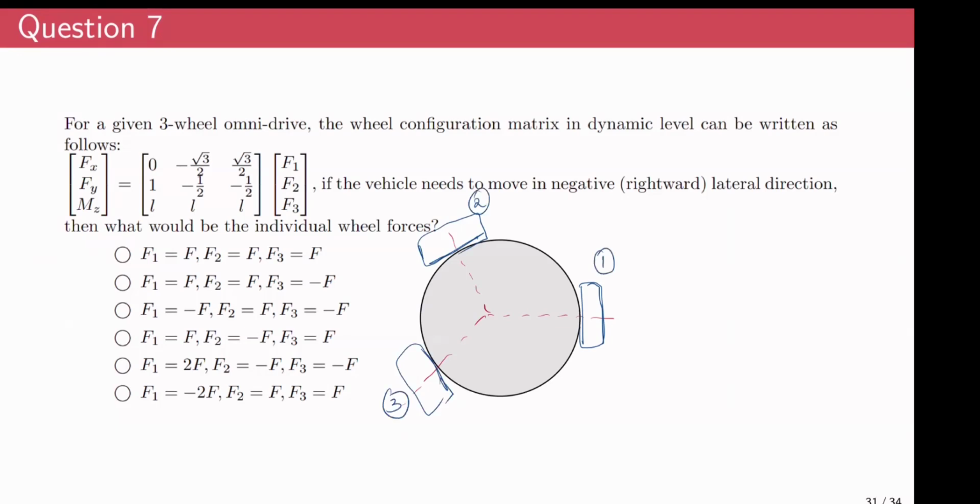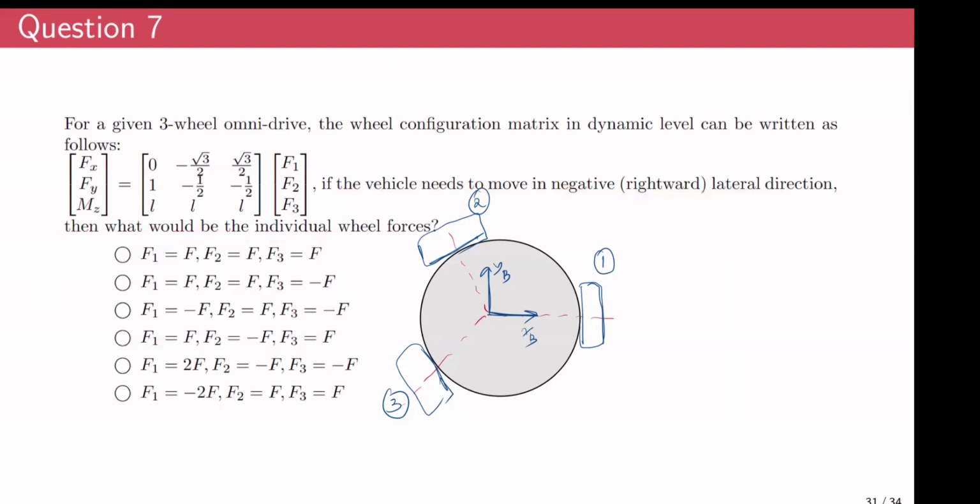And this is the xb axis. This is the yb axis. Okay, now we'll continue with the question. If the vehicle needs to move in the negative lateral direction towards the right, then what would be the individual wheel forces? Again, the objective is still the same.